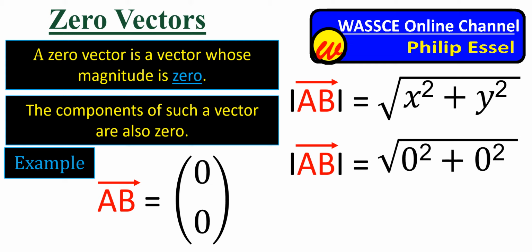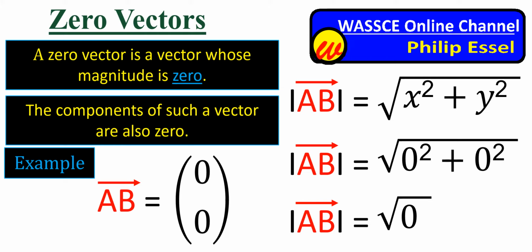The magnitude will be equal to the square root of 0 squared plus 0 squared, since the x and y components of the vector AB are both 0. When you solve the items under the square root, you would get 0. So the magnitude of the vector AB would be the square root of 0. The square root of 0 would also be 0.